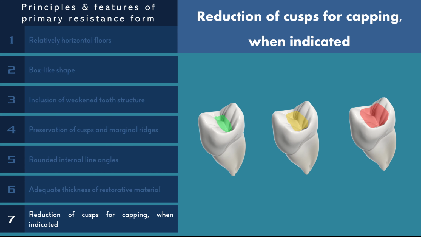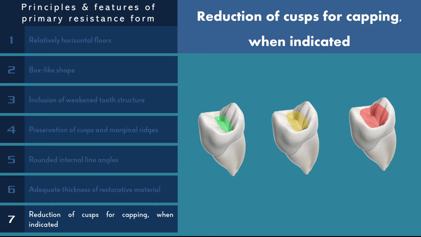The last feature in the primary resistance form is the reduction of cusp for capping when indicated. As we have seen in the outline form and initial depth, the cuspal strength has to be preserved, and whenever the cusp has become weak, it has to be reduced and included along with the restoration in the name of cusp capping.